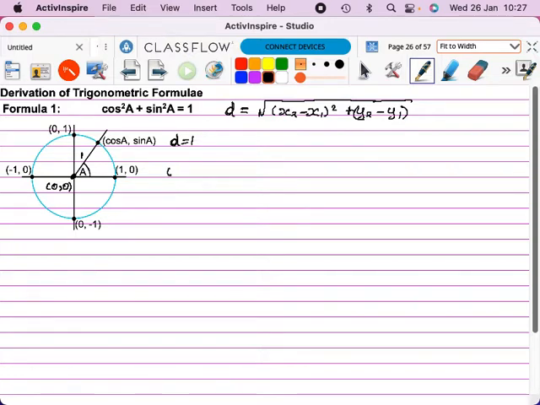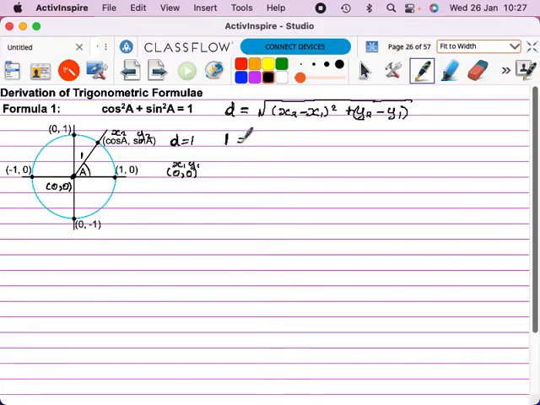One set of coordinates is 0, 0, which we are going to label x1 and y1. And the other set of coordinates is up here, which we're going to label x2 and y2. And then we're going to just substitute it into our first line.